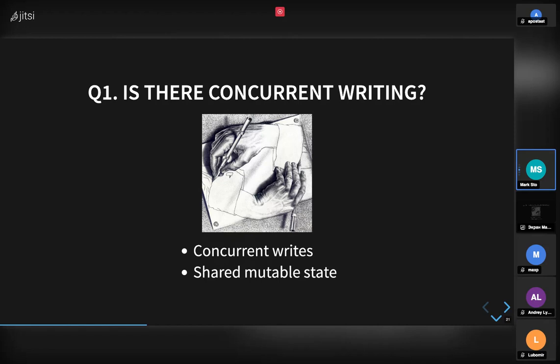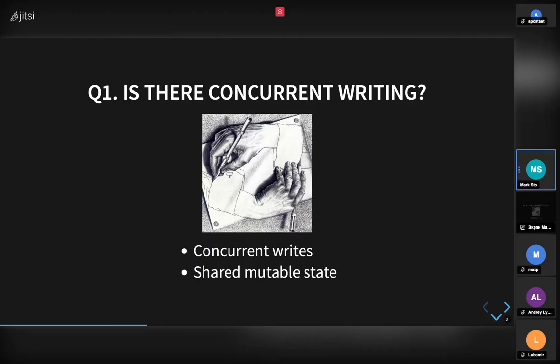So again, a few key terms. They're very well known. Execution context: a unit of execution and potential concurrency. For example, a process, a thread, an actor, an event loop. A writer is an execution context that has the technical ability to directly modify a given state. And a concurrent write is a write that happens simultaneously with another write to the same state and is initiated by a different writer.